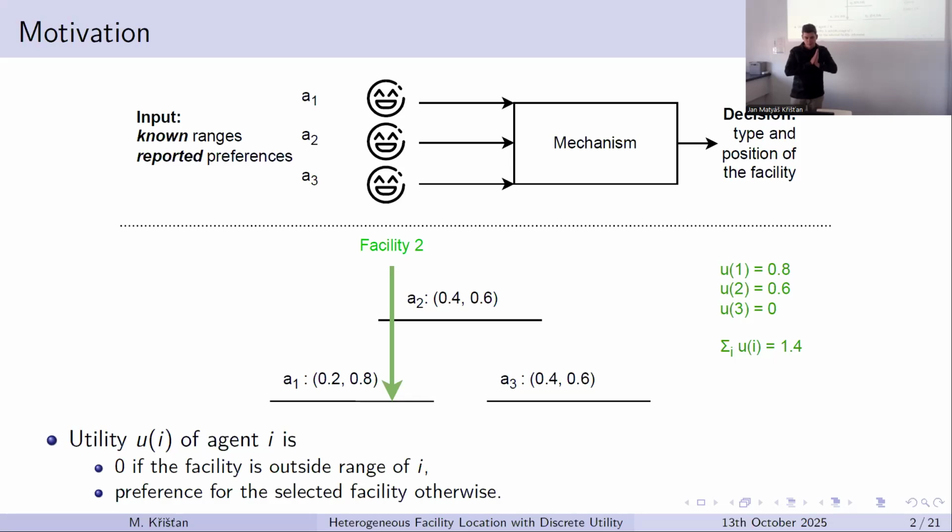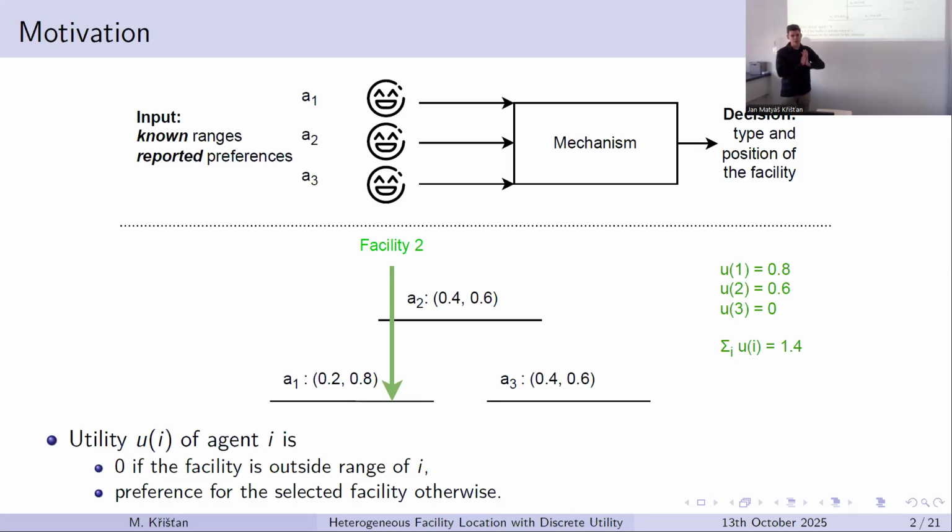So the utility of the agent is easy to measure. It is just their preference for the facility if it is inside this interval, otherwise it is 0. What we want to maximize is the total utility over all agents, the sum of their utilities.